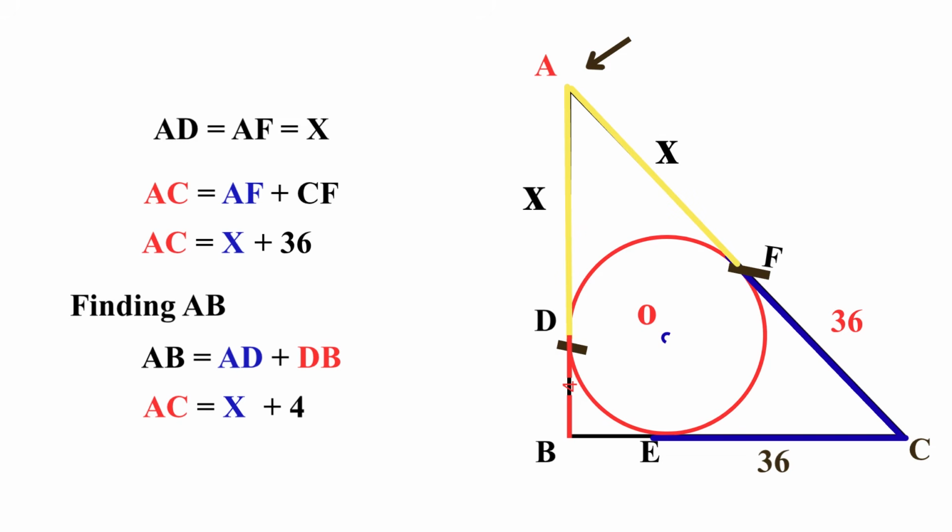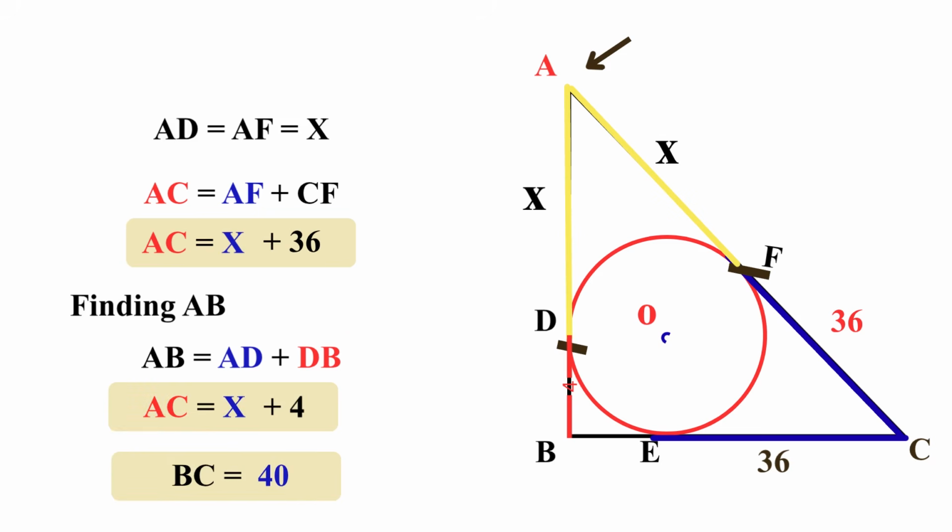So the total length of AB equals AD plus DB, that is equal to x plus 4. Finally, the base, BC. It was given to us from the start. Now, take a look at what we have. Hypotenuse equals x plus 36, perpendicular equals x plus 4, and base equals 40.